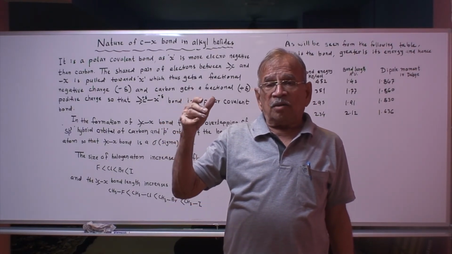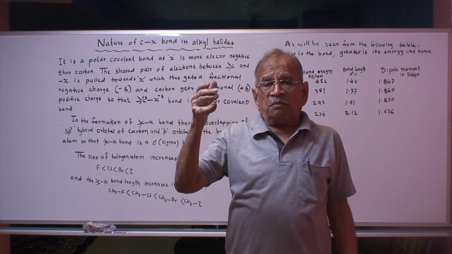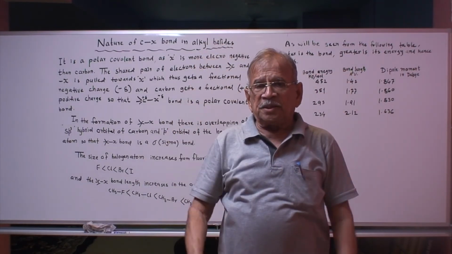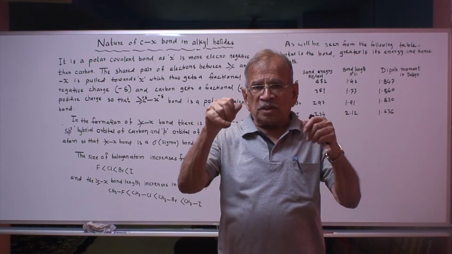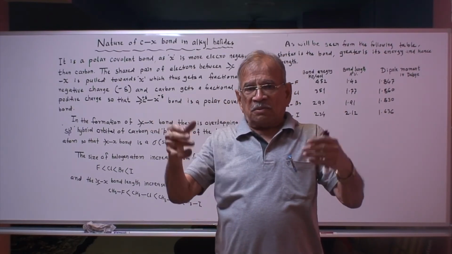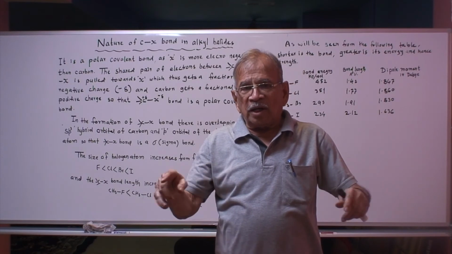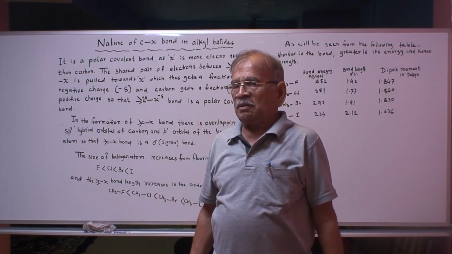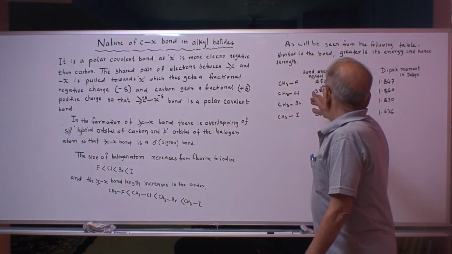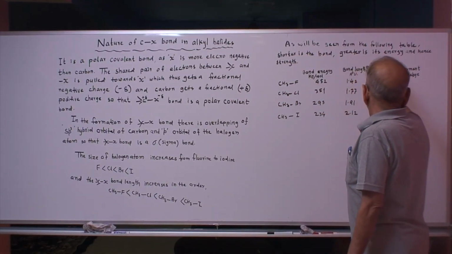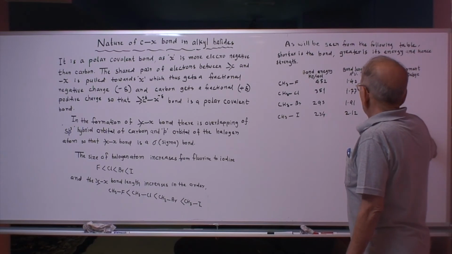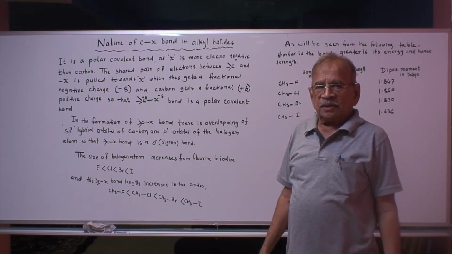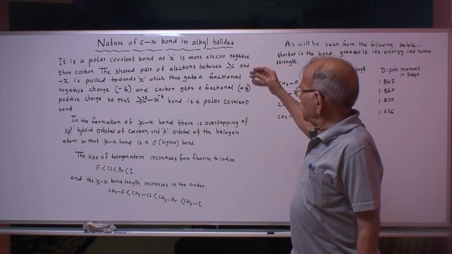And based on that bond energy, bond strength. Shorter is the bond, greater is its strength. Shorter is the bond, stronger is the bond. Longer is the bond, it is not as strong as the short bond. So we have studied their bond energies, their bond lengths, their dipole moments, and why we get these values. This much information is enough.